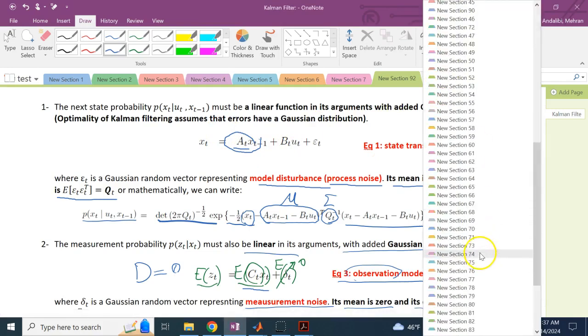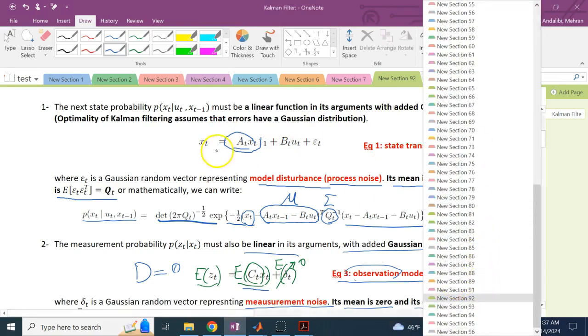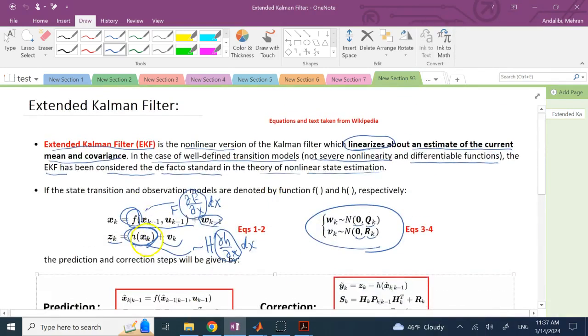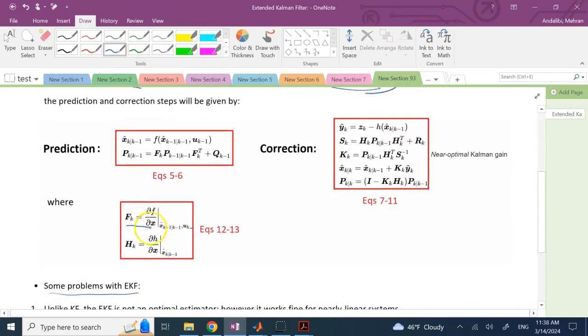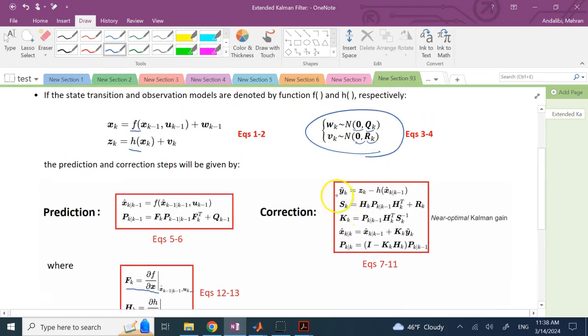Now, when EKF is used, we don't have these linear relations, okay? We have these functions f and g, but what we do is stick to the method of the Kalman filter and use the same transformation. We locally linearize these functions f and h using their Jacobians, capital F and capital H. And so basically we use the exact same formulas that we had for the Kalman filter for both prediction and correction.